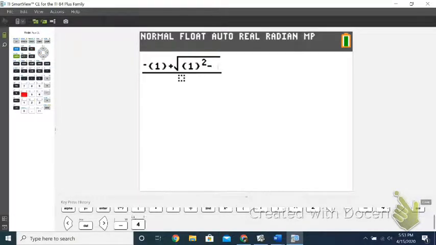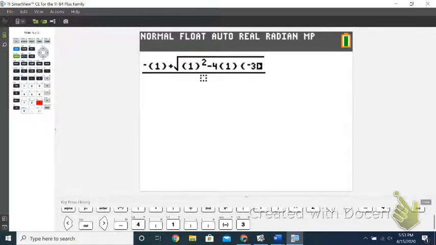Minus 4, parentheses, 1, parentheses, and parentheses, negative 30, parentheses. And you notice if you do it carefully like this, that square root up top keeps moving the more that I type.